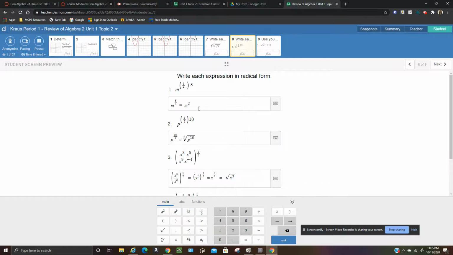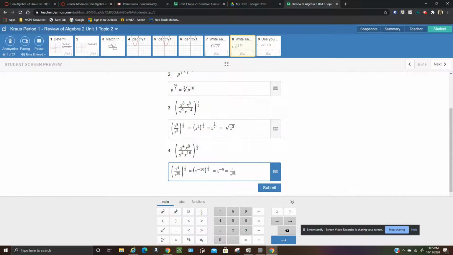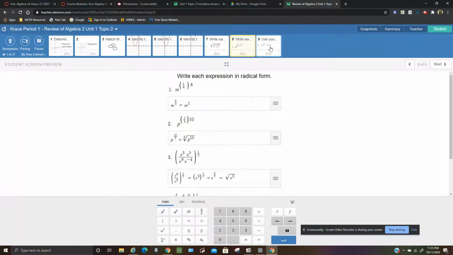So 2 of those are really not in radical form when you simplify them. All right.